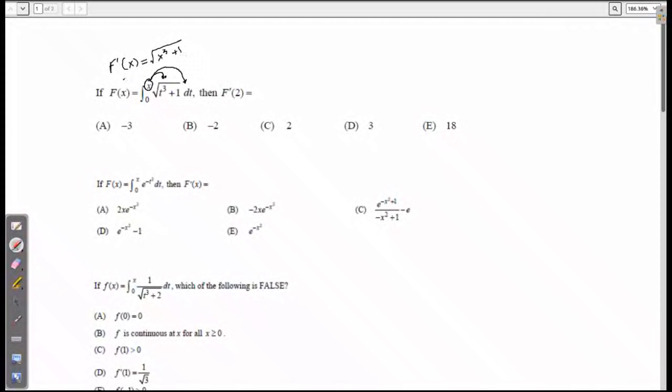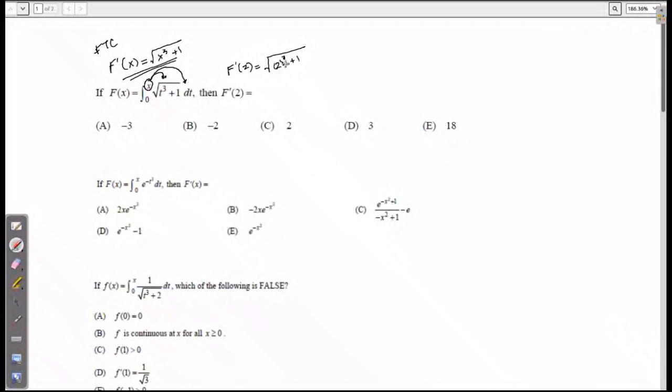And so once I know this definition by the fundamental theorem of calculus, then to evaluate F prime of 2, all I need to do is substitute a 2 in for x.